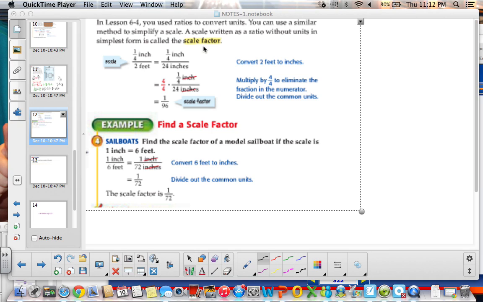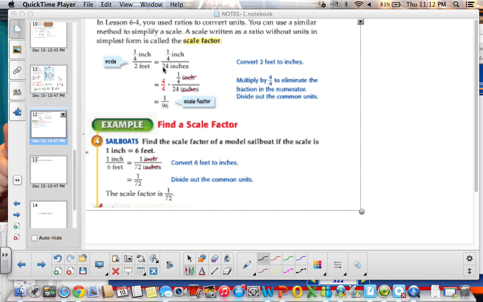So let's look over here. If we're given a key on a map, 1/4 inch equals 2 feet, like that's what it would say on the key of the map. Well, we can convert the feet to the inches. So we know that in 2 feet there's 24 inches.